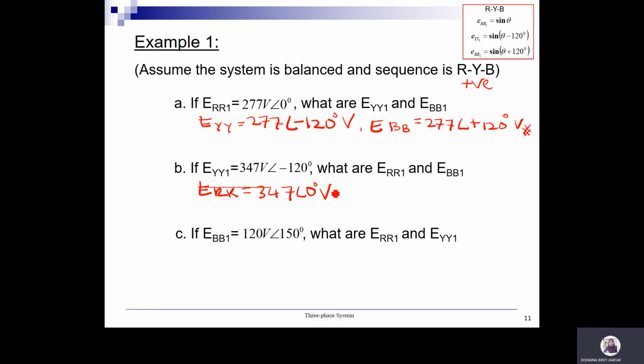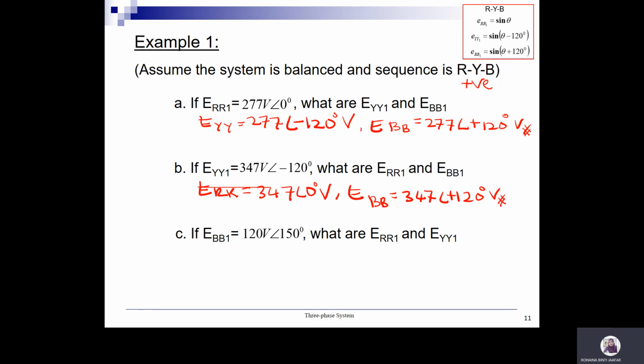And then for EBB, you can straightly get the answer, which is 347 with degree positive 120. So the relationship is very important here.